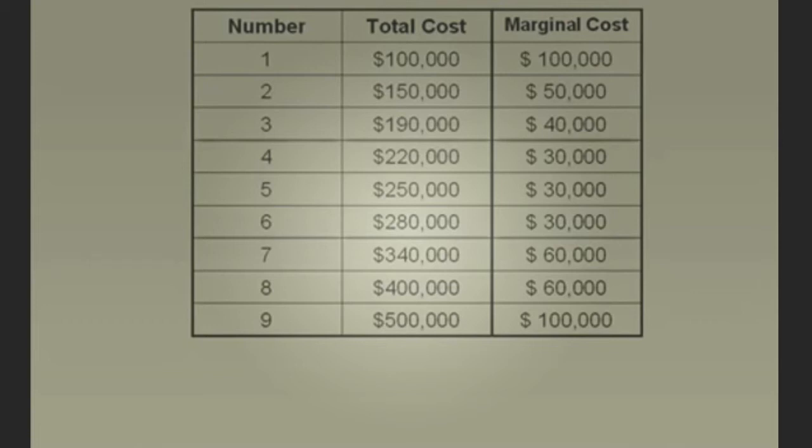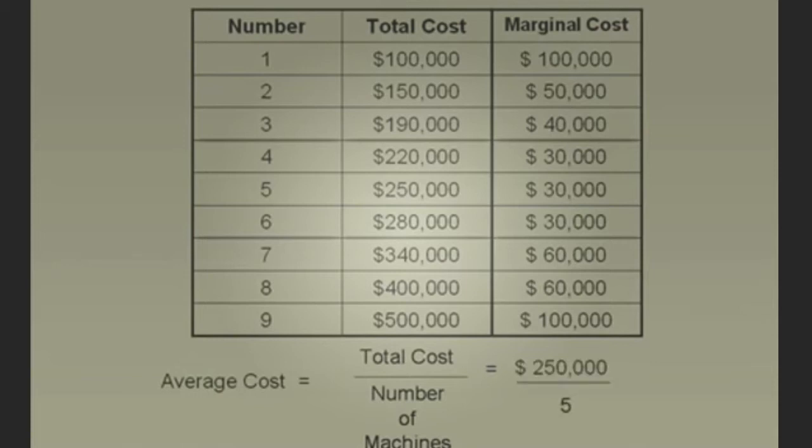Part C, what's the average cost at 5 machines? The average cost is the total cost over number of machines, which is 250,000 divided by 5, which is 50,000.